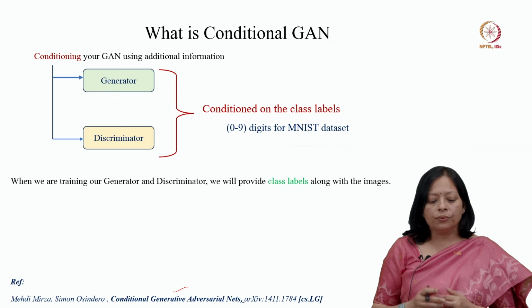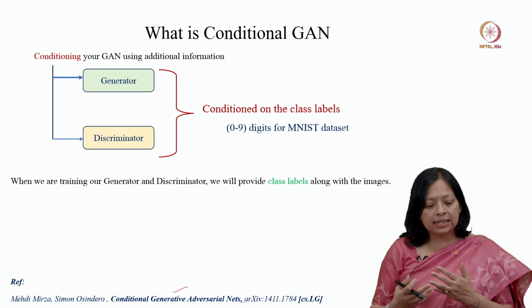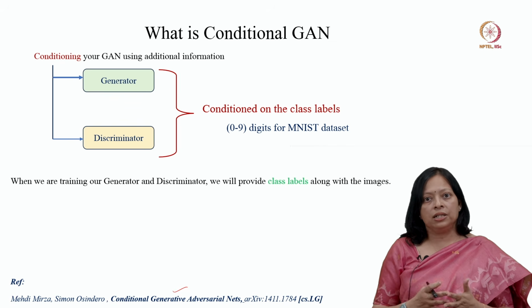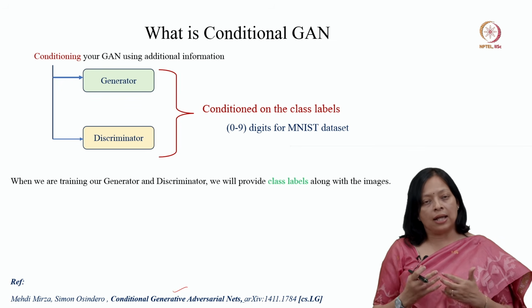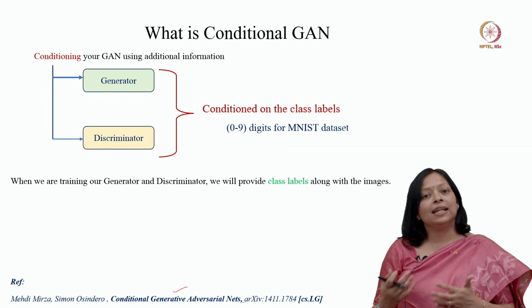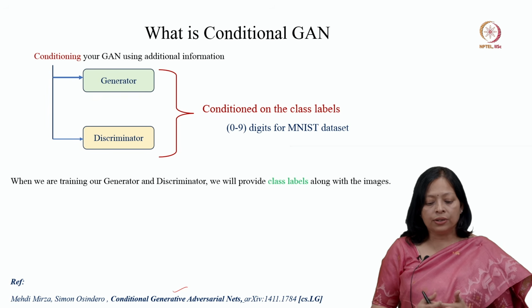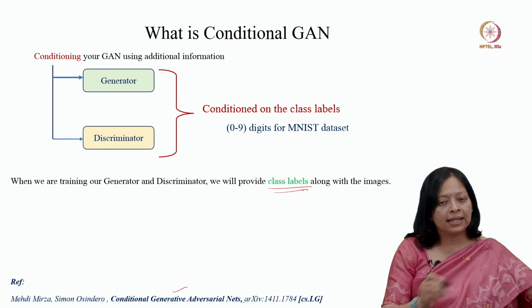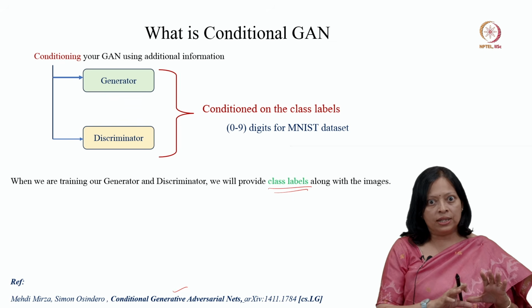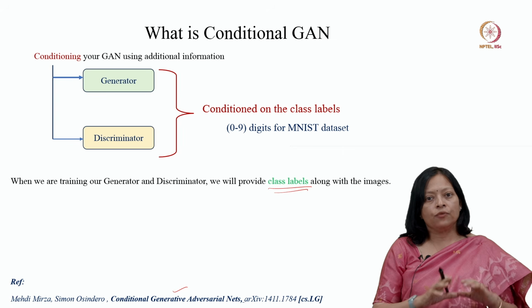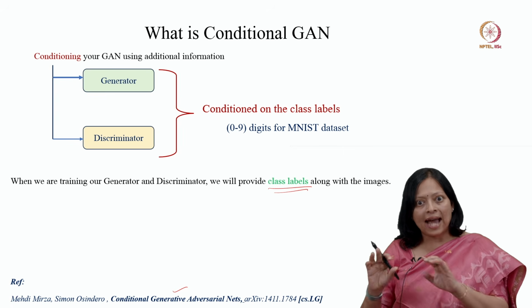Okay. Now, this conditioning parameter or the conditioning information is given to the generator and discriminator while they are getting trained. So, we call this the class label, which is the conditioning parameter here. Okay. So, along with the images, we are giving a class label or a tag kind of thing.